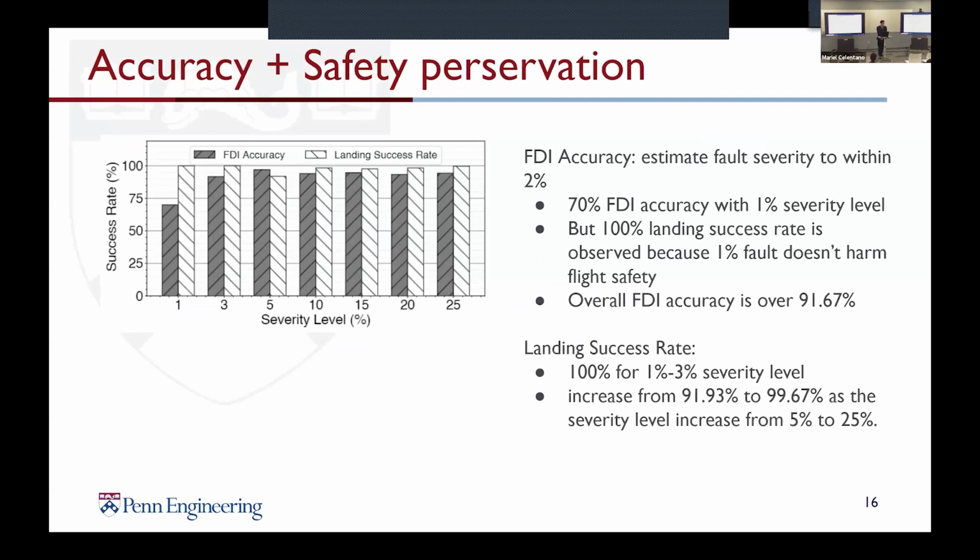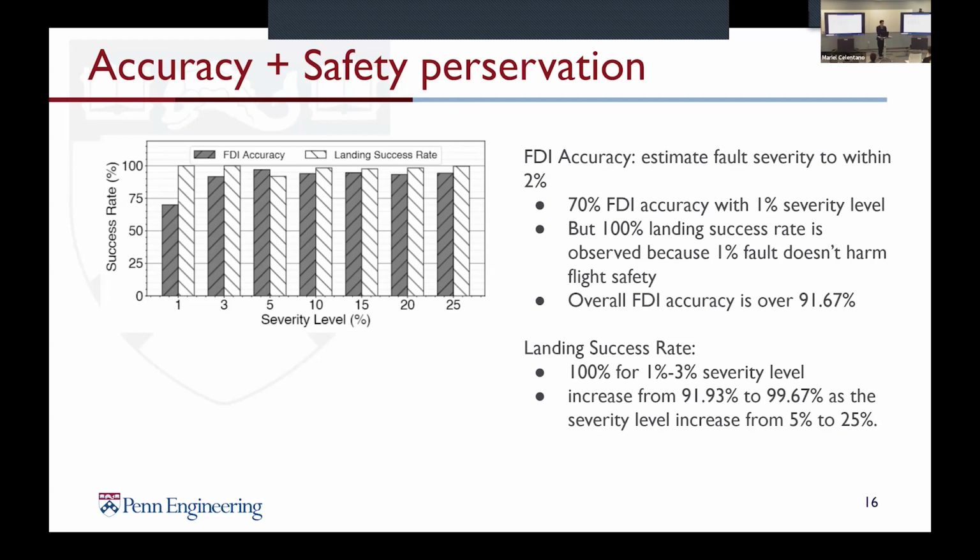To answer the first 2 questions, for the accuracy and safety preservation, we have defined 2 parameters. The first one is FDI accuracy, and the second one is landing success rates. For the FDI accuracy, when we say a case is accurate, we mean it can estimate the fault severity to within 2%.